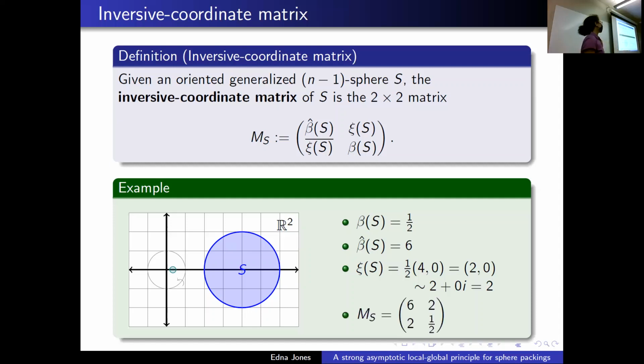This means our inversive coordinate matrix is this matrix here: 6, 2, 2, a half. If our bend center was complex, like let's say 2i, then this entry down here would be negative 2i. Any questions?